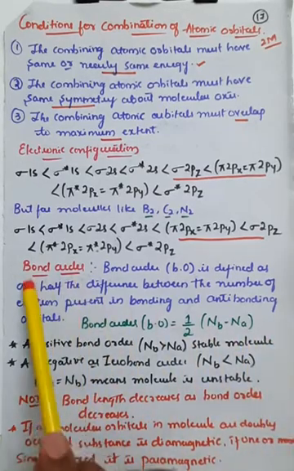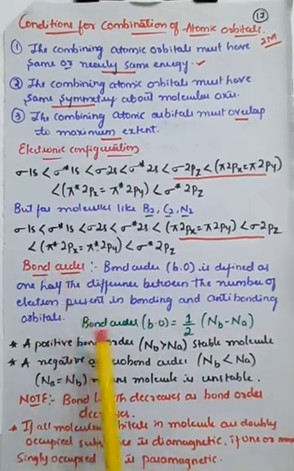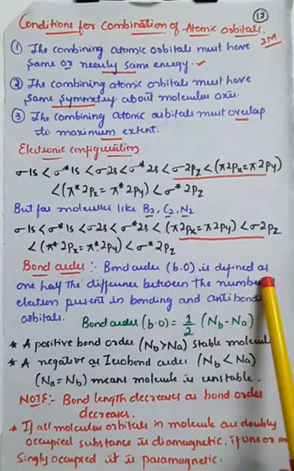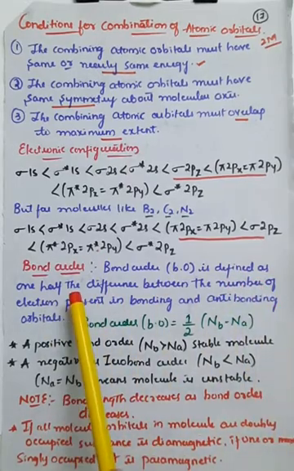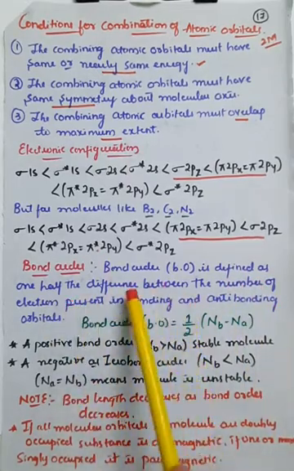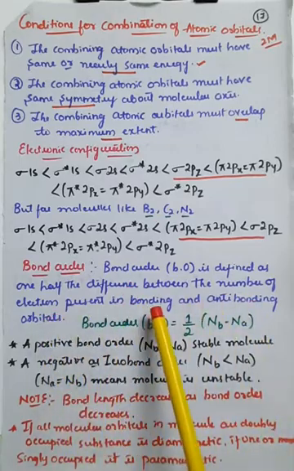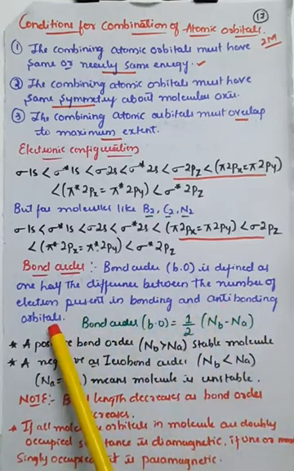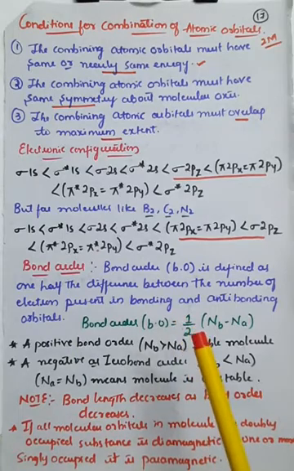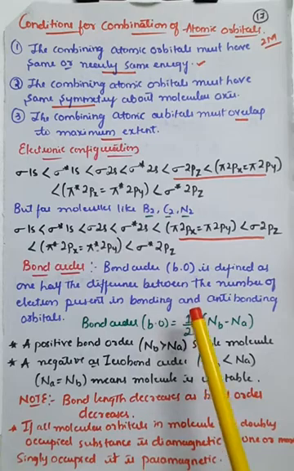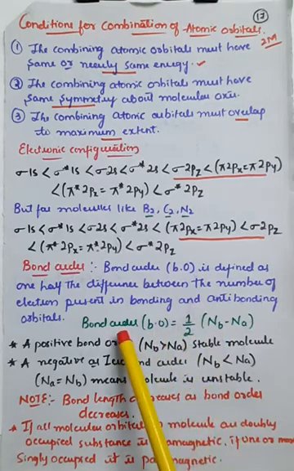Therefore, the definition goes like this: bond order is defined as half of the difference between the number of electrons present in the bonding as well as anti-bonding orbitals. Which means whenever you know the electronic configuration of any element, we can calculate the exact bond order, right?